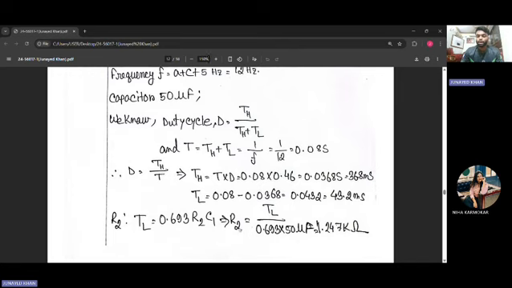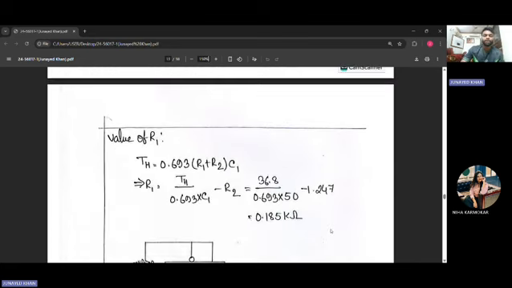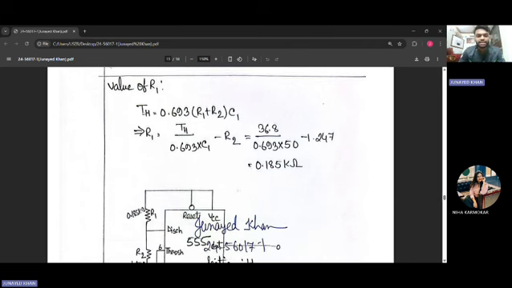That means R2 equals T_L divided by 0.693 into 50, which is 1.247 kilo ohm. For the value of R1, T_H equal to 0.693 (R1 plus R2) into C1, where C1 means capacitor 1. Then R1 is T_H by 0.693 into C1, minus R2, and from that calculation we have obtained 0.185 kilo ohm.